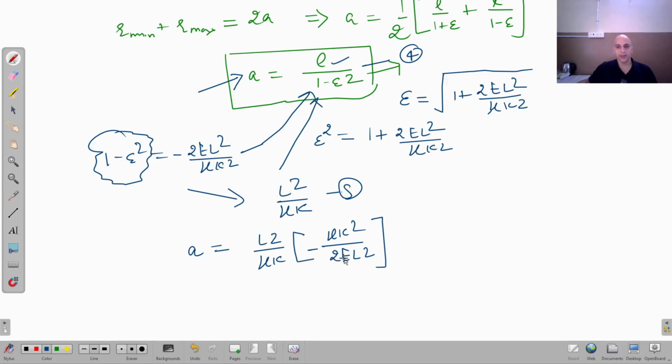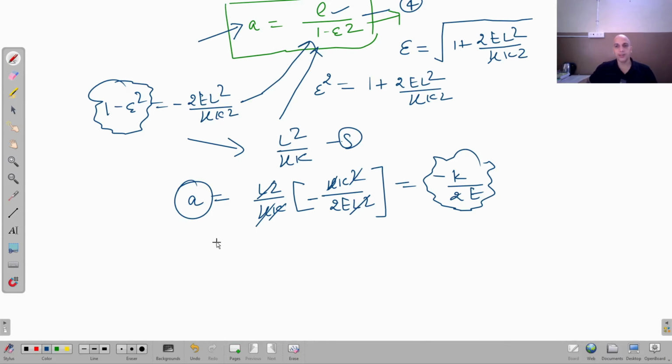So when you look at L square, mu k square, k, what you got is minus k upon 2E. So this is the expression that I got for A, right? So if I rearrange it, then what I will get? Energy is equal to minus k by 2A.